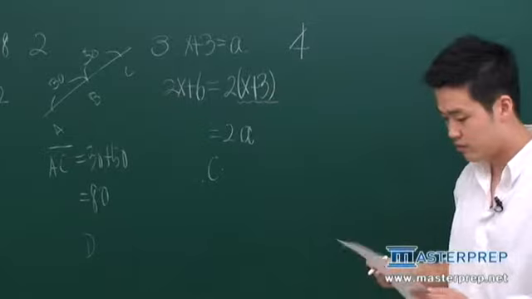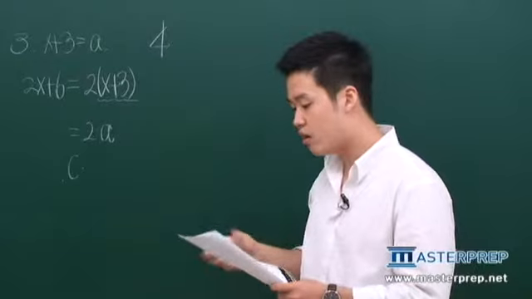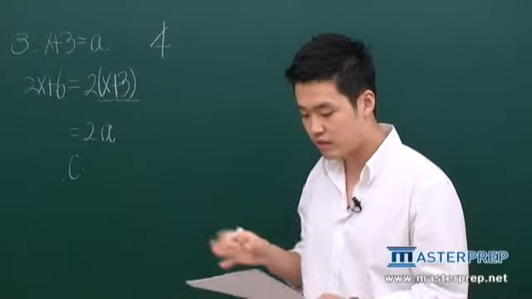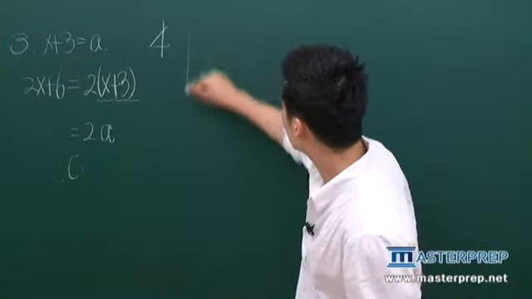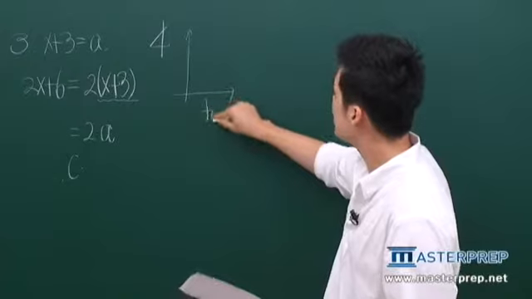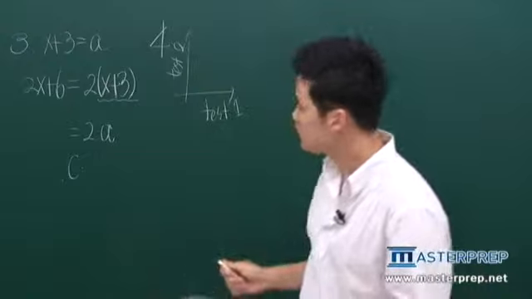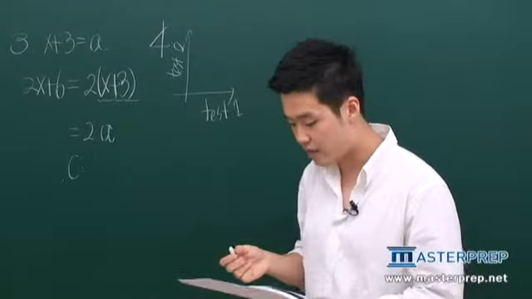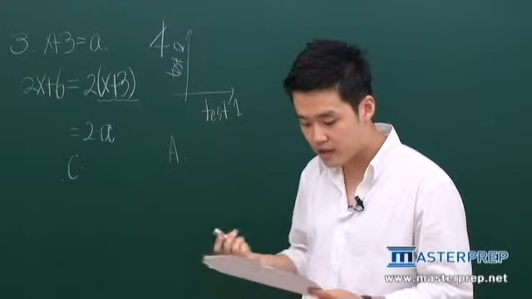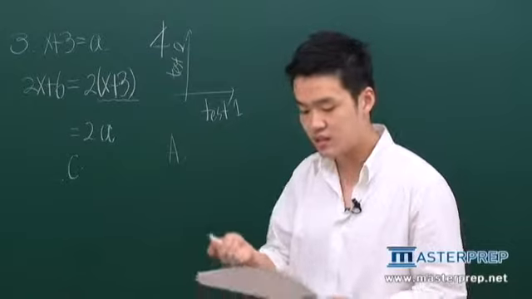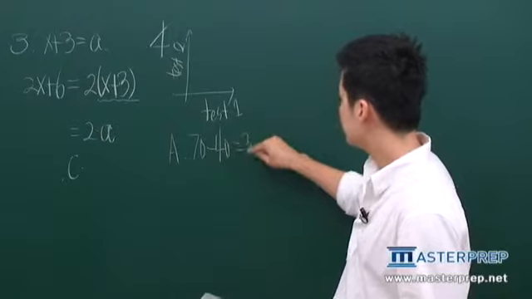All right, so let's solve number 4. Again, we are looking at the plot of those points, and we have to figure out the change in scores from test 1 to test 2. We could subtract the numbers that we have. Looking at A, 70 minus 40 is equal to 30.